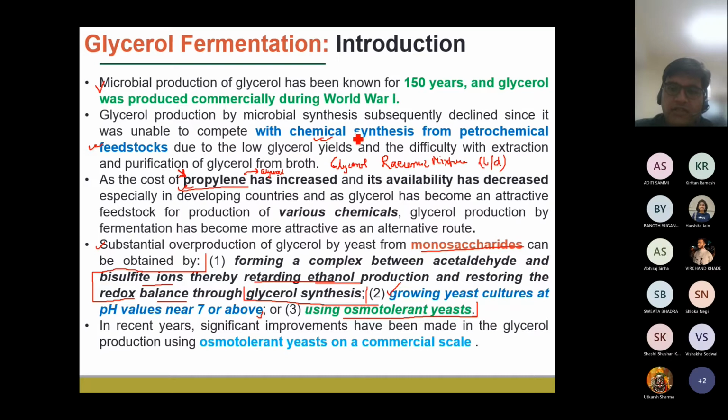If you use chemical synthesis routes, we obtain a mixture of L and D, which is a racemic mixture.